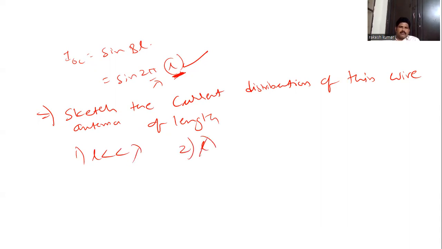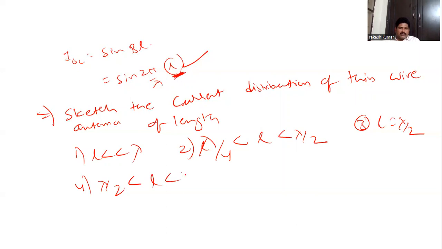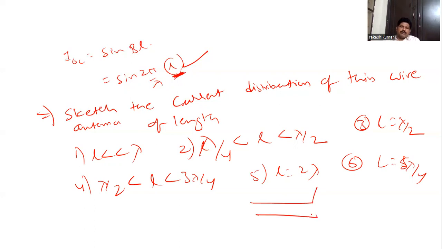Second, L less than lambda by 2. The third is L equal to lambda by 2. The fourth is lambda by 2 less than L less than 3 lambda by 4. The fifth is L equal to lambda. And the sixth is L equal to 5 lambda by 4. Like this, you can create it by bending the transmission line, so you get the standing wave. Based on that, you can draw the current wave pattern.